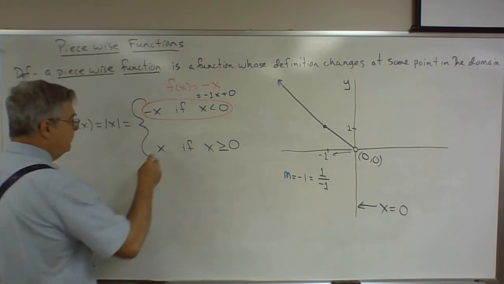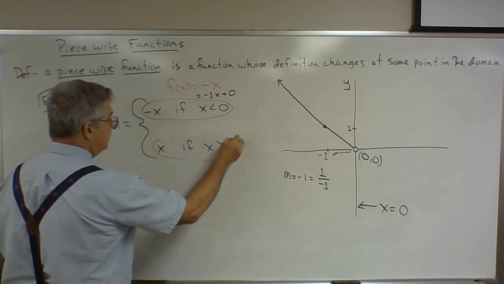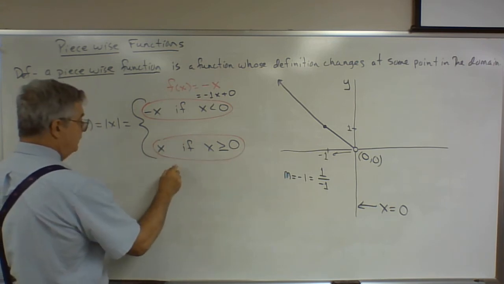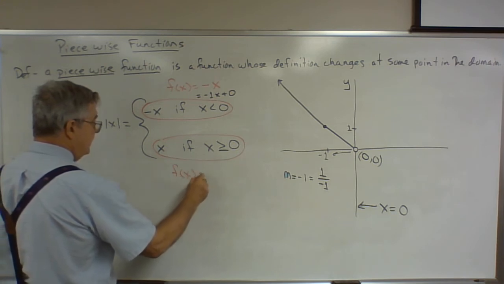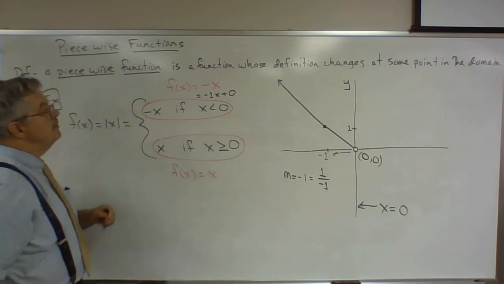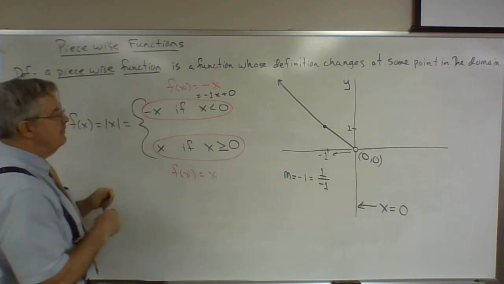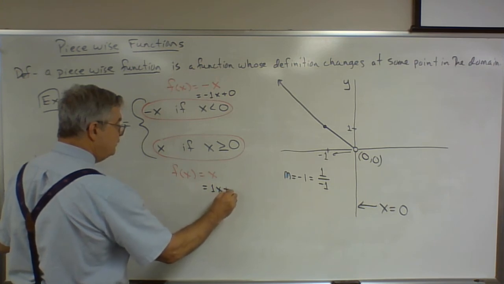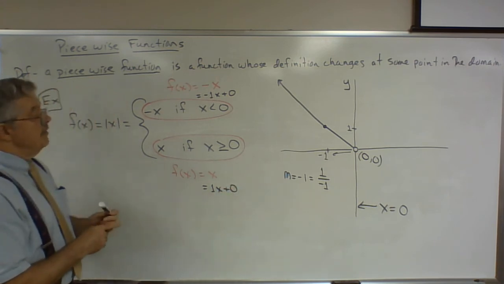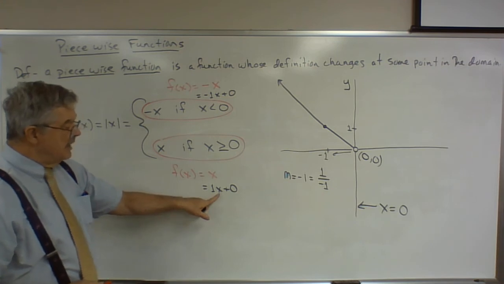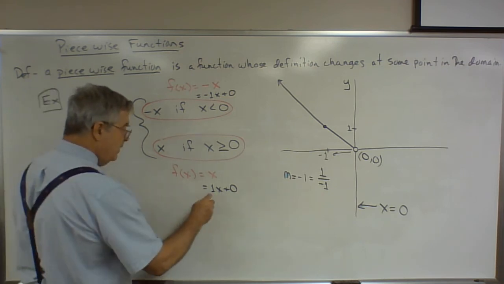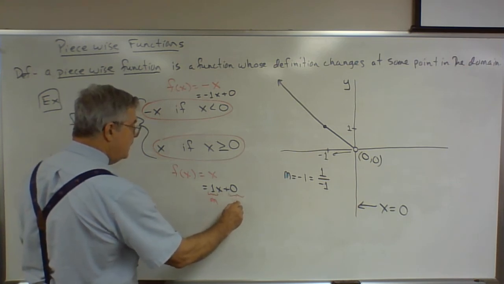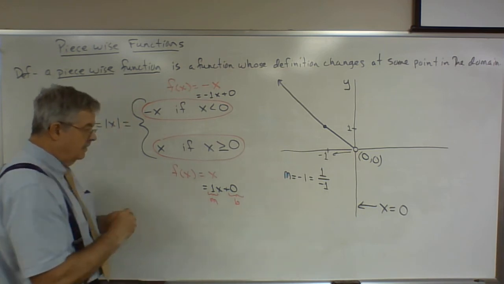This part of the function, where x is greater than 0, is f of x equals x. But isn't that the same as saying that f of x equals 1 times x plus 0? This is the equation of a line in slope-intercept form where the slope is 1 and the y-intercept is 0.